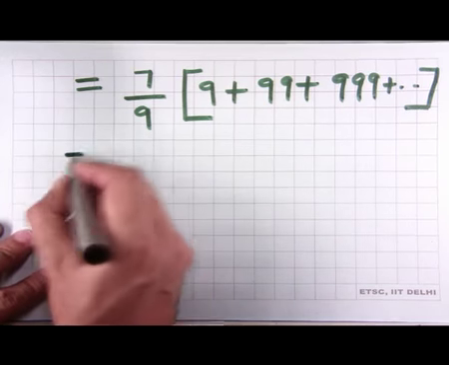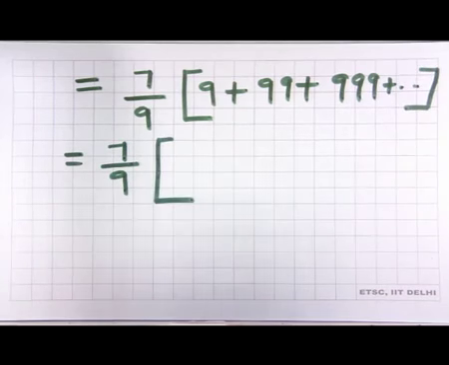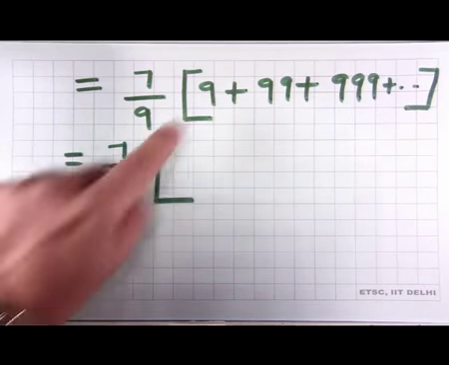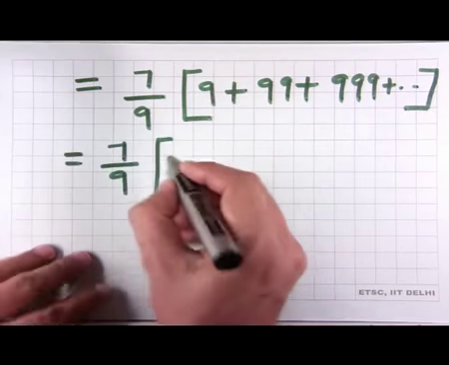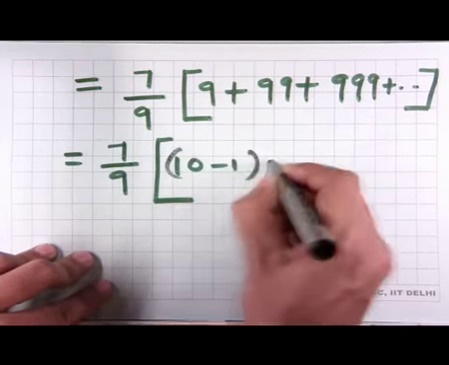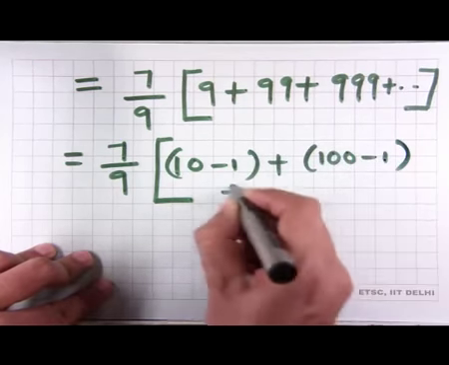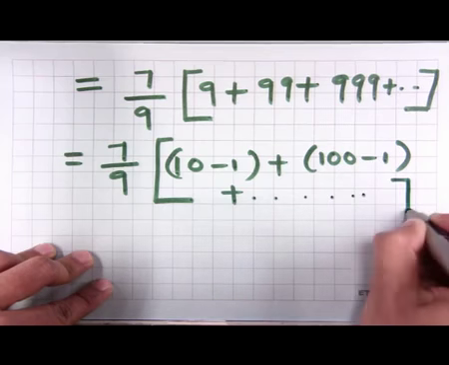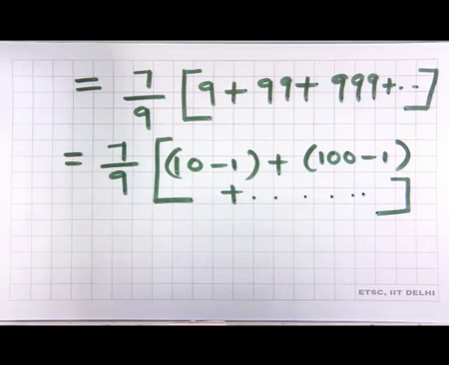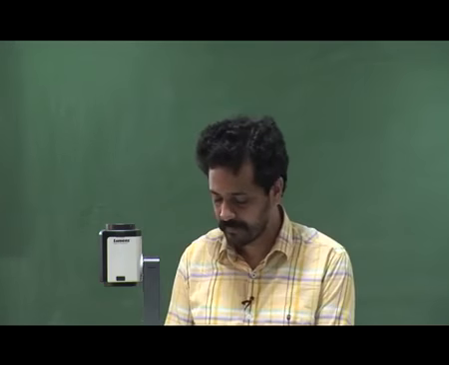The whole point is to introduce an AP or a GP here. With that in mind, let us write 9 as 10 minus 1, 99 as 100 minus 1, and so on. When I say so on, we mean only up to n terms.